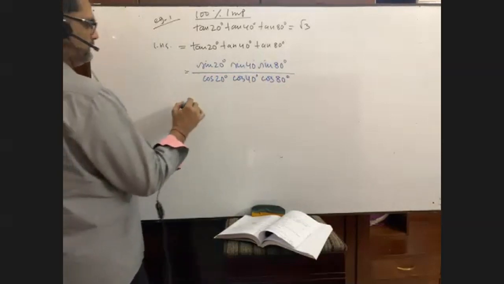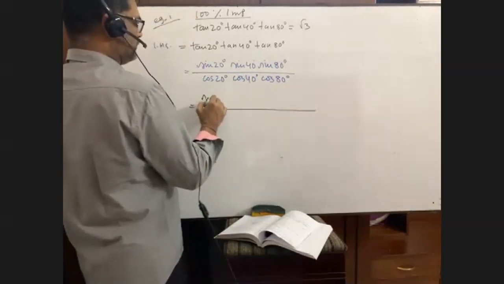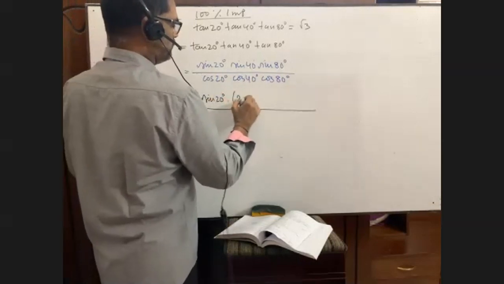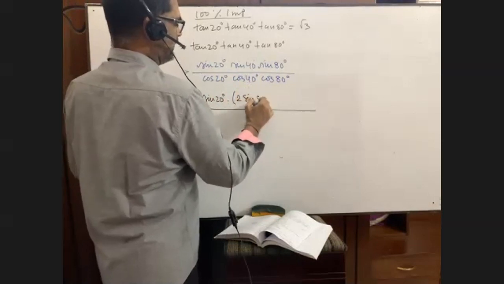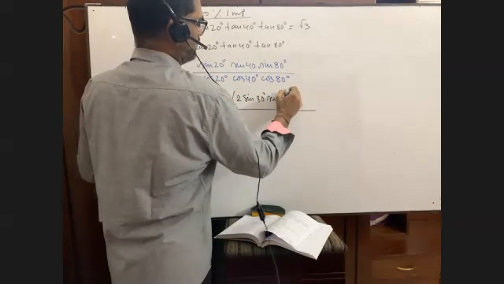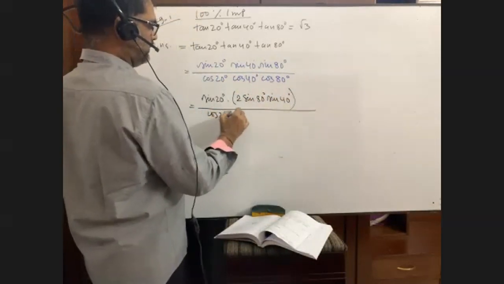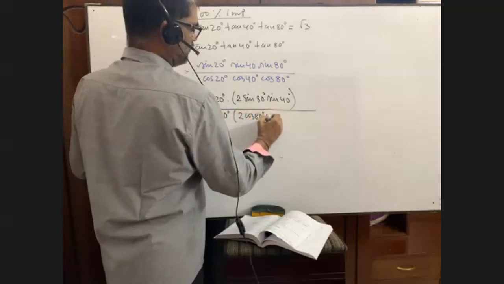Now you see, sine 20 into 2 sine 80 sine 40 by cos 20 into 2 cos 80 cos 40.